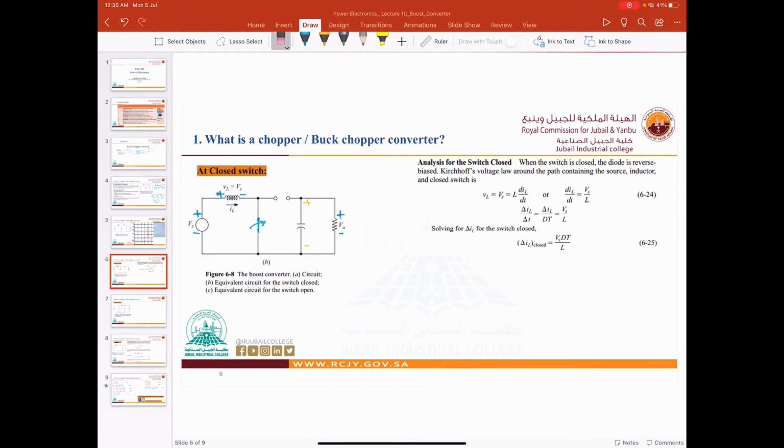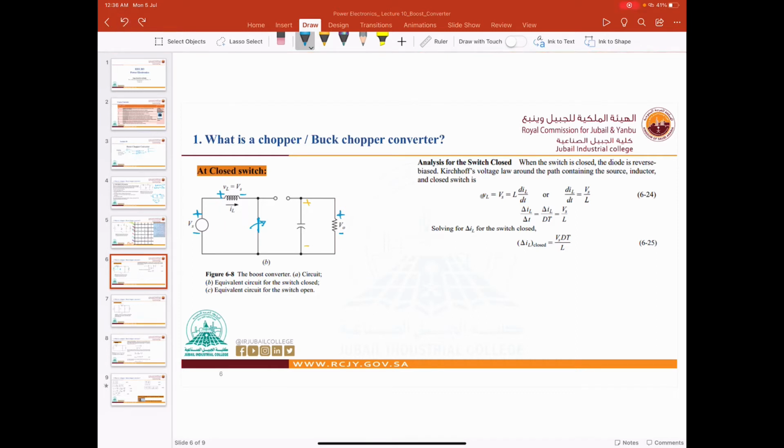The positive is here and the negative is here. So the supply is parallel, so they have the same voltage. That's why we have the same voltage.